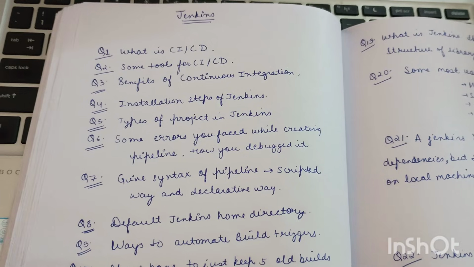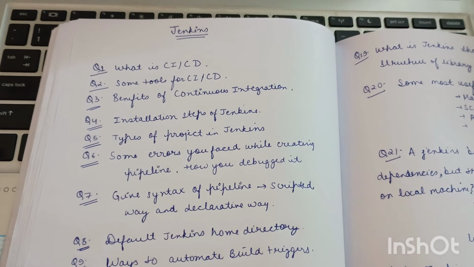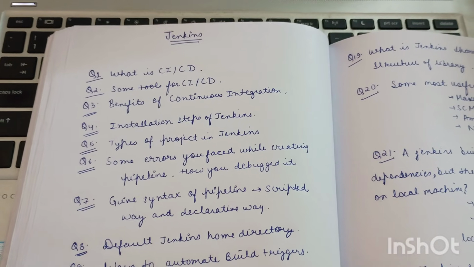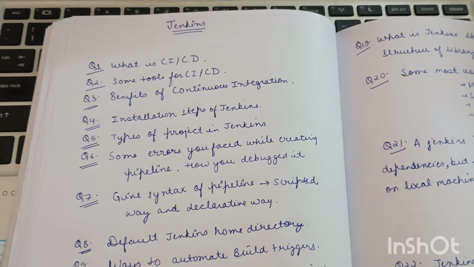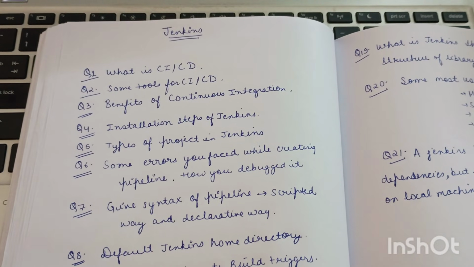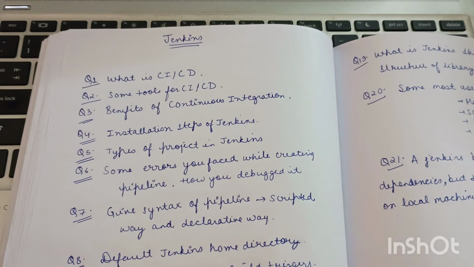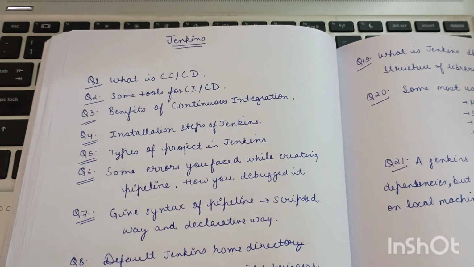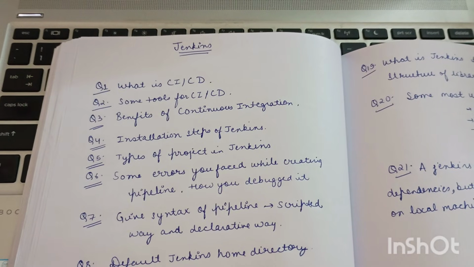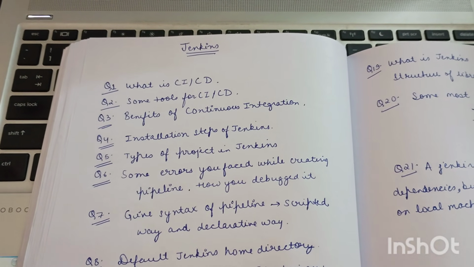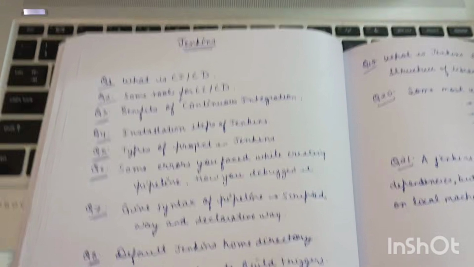There is a default path for logs, like /var/log/jenkins/jenkins.log. Other issues are integrating the tools, because there are different versions for everything. For different projects a different version is required, so plugins, how to manage and how to optimize things. These are all issues you faced while creating a pipeline.